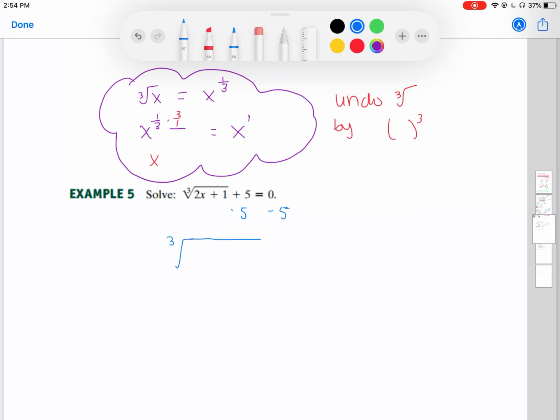We're left with the cube root of 2x plus 1 is equal to negative 5. Now, here is our punchline for this section. To undo that cubic, let's raise it to the 3rd power. Now, that 3rd power and that cubic undo each other, and we're left with 2x plus 1 is equal to negative 125.